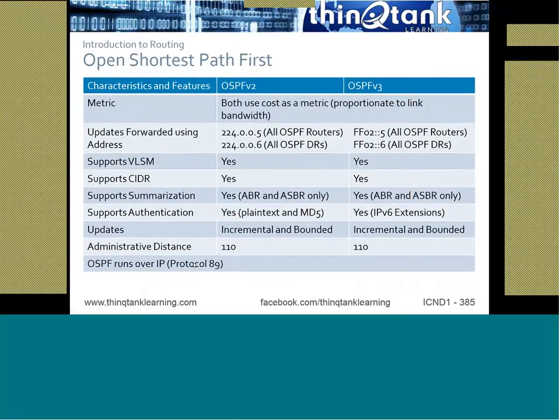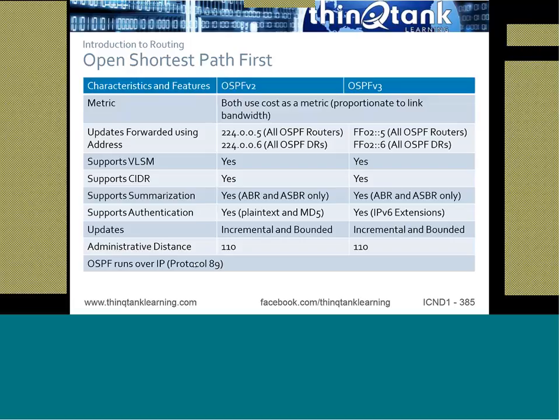OSPF, we have OSPF version 2 for IPv4, OSPF version 3 for IPv6. Both of these use cost as a metric, which is proportionate to bandwidth. We'll again learn more details about the metric as we get into the protocols individually. You'll also notice that they only use multicast 224.0.0.5 or 224.0.0.6.